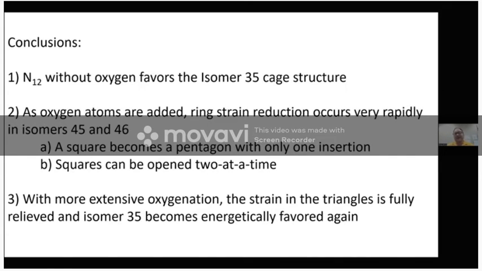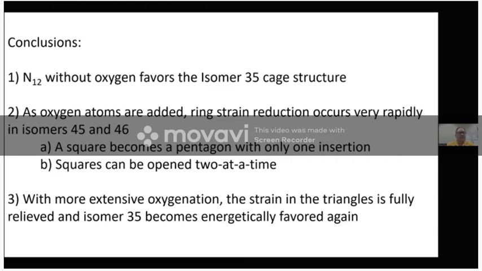As oxygen atoms are added, ring strain reduction occurs, but it occurs preferentially in the early going, at least. Ring strain relief occurs preferentially in the isomers that are bearing squares. The relief of the ring strain occurs more rapidly.